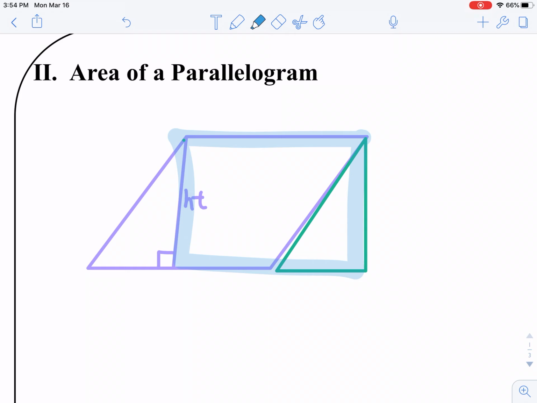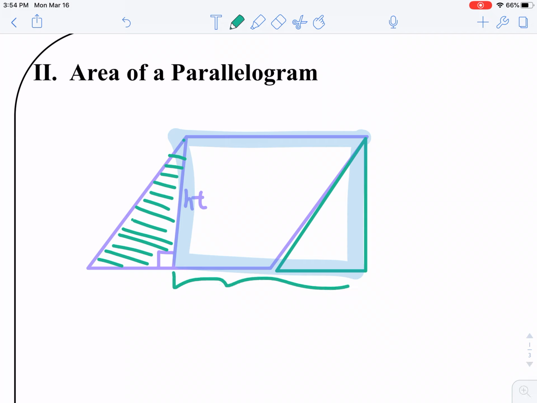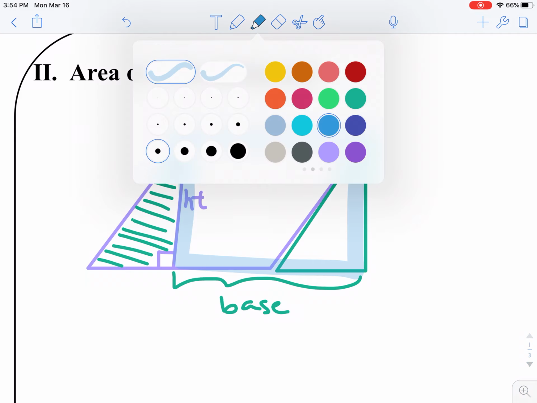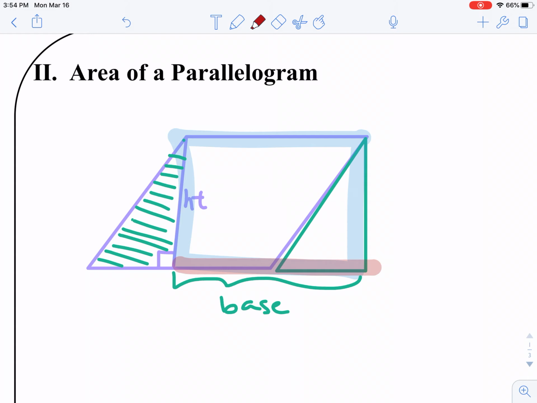So when we look at a parallelogram, we are actually picturing chopping off the area of this right triangle, moving it to the other side, and then now I just have the area of my base times the area of my height. Well, if I'm thinking about that, this base right here is the same as this base right here.